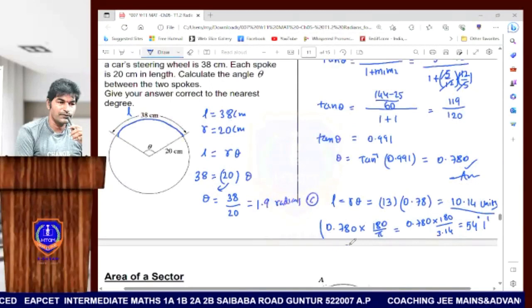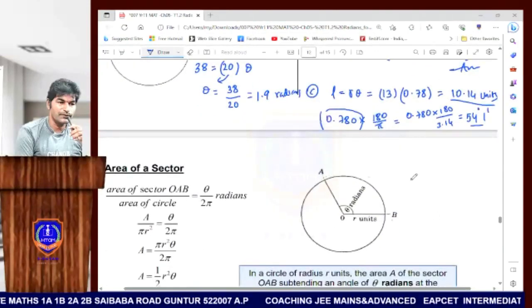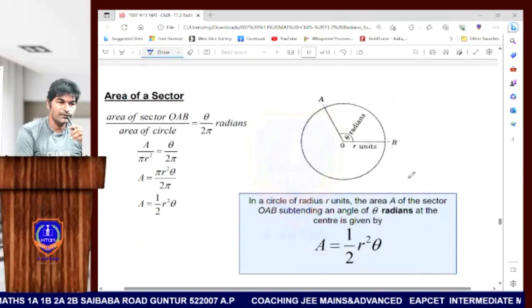If you want to convert a number into degrees, you should multiply with 180 by pi. If you want to convert degrees into radians, multiply with pi by 180. Remember this conversion.